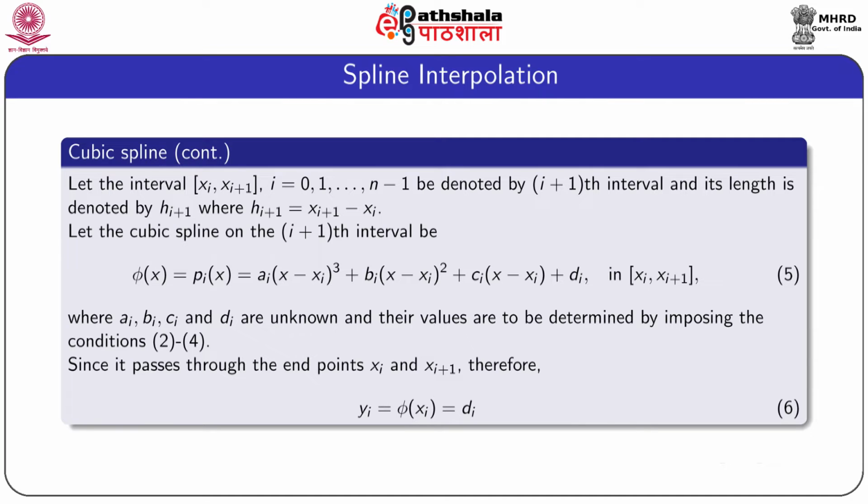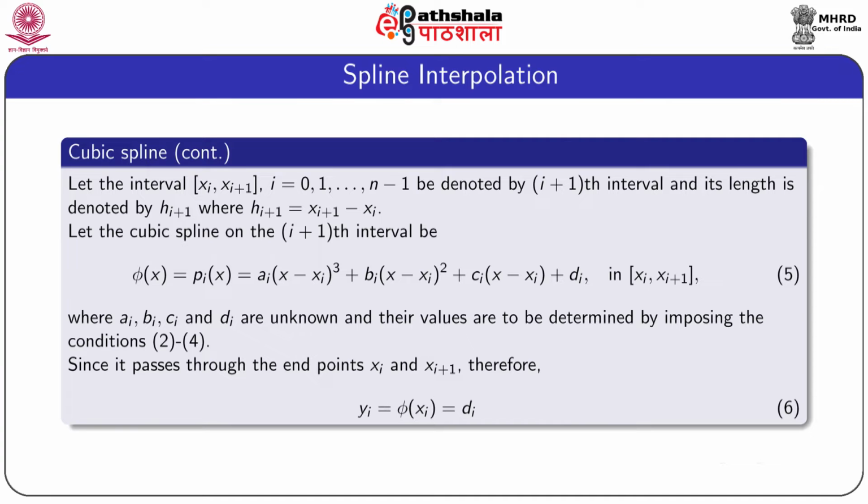Again, we see that the polynomial p_i(x) passes through the points x_i and x_{i+1}. Therefore, when x equals x_i, phi(x_i) = y_i = d_i, and all other terms are 0. This is obtained from equation 5 by substituting x = x_i.